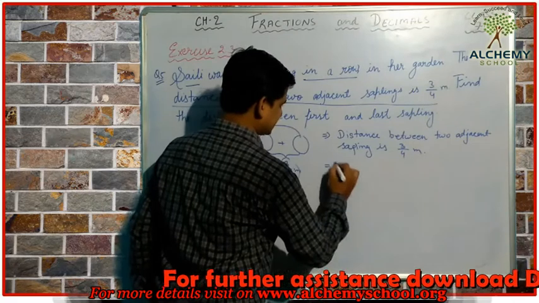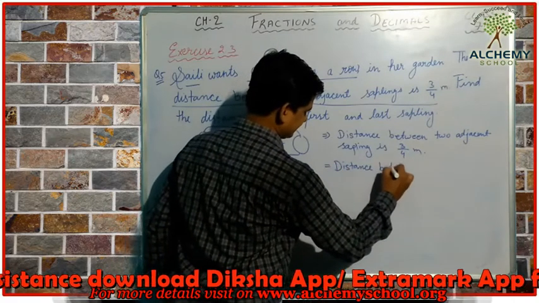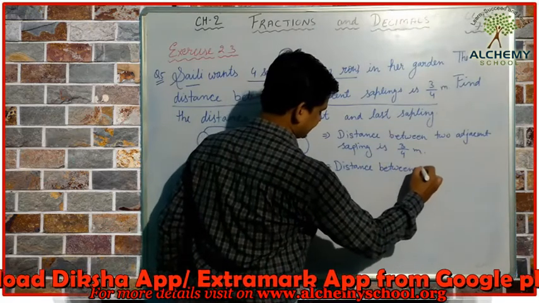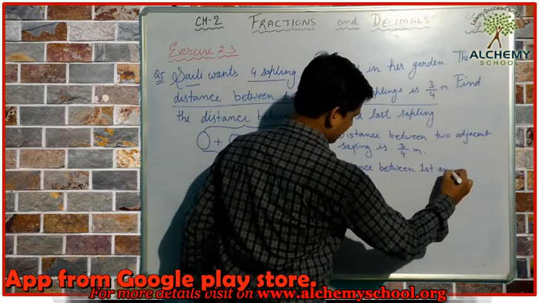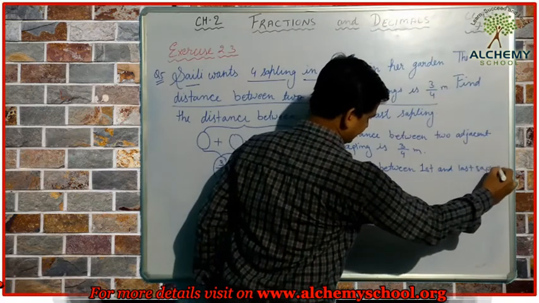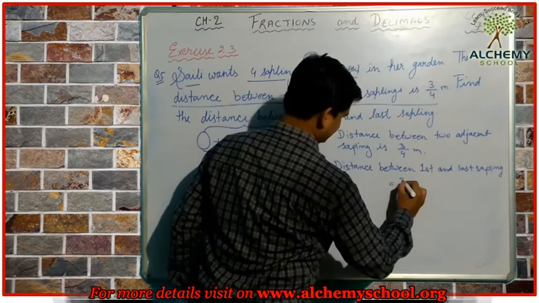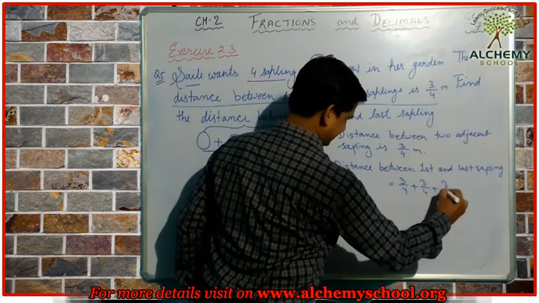So we can write distance between first and last sapling is equal to 3 upon 4 plus 3 upon 4 plus 3 upon 4.